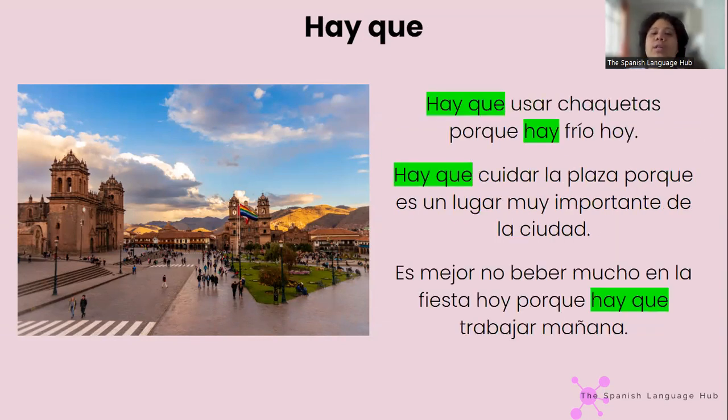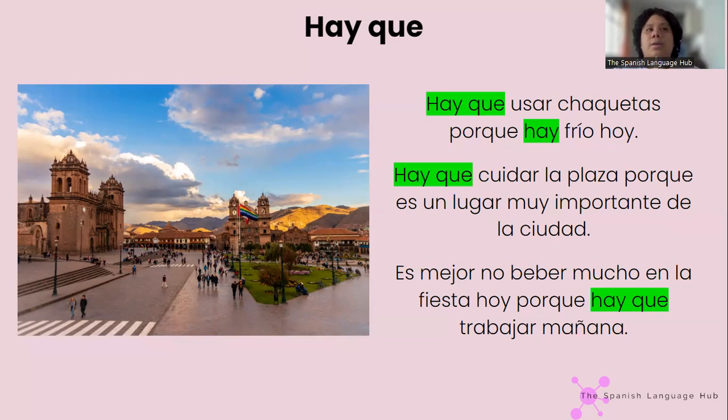Now, when we give suggestions using hay, like I said before, you add que. Just by adding the word que, now you will say, no, but wait a minute, que means what? Or que means that. Why? What do you mean? Yes, que can mean what, can mean also that, can even mean which, depending on the question. But that is just some of the meanings.